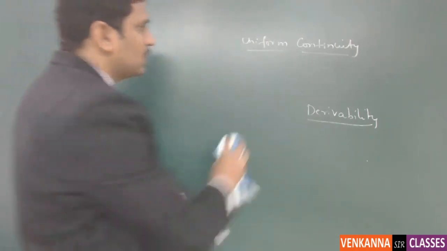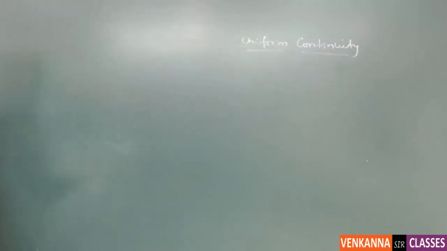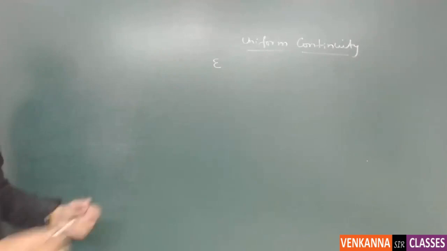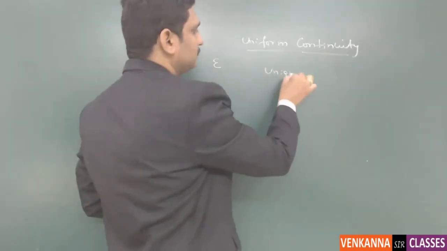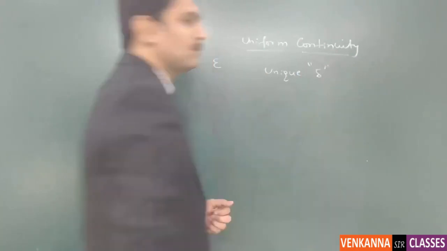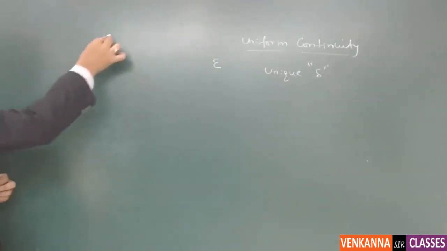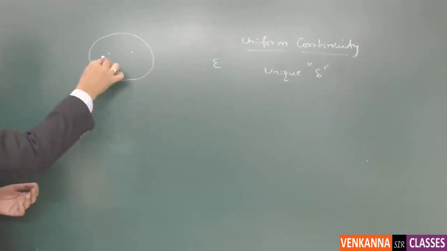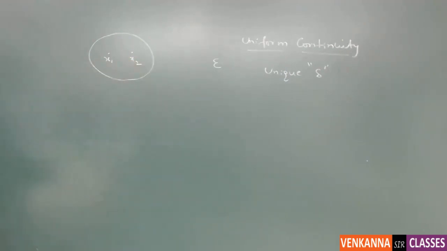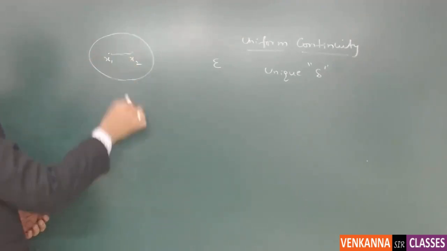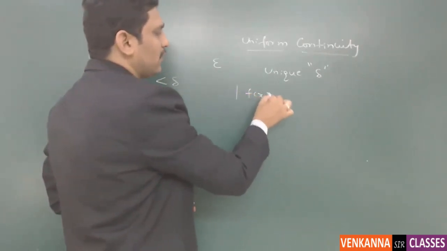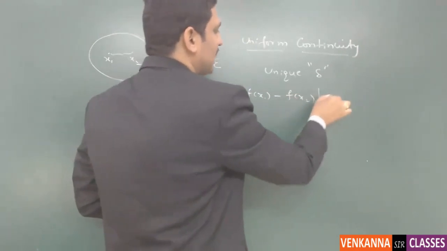So coming to uniform continuity, here our objective is that for a given epsilon, we are going to find a unique delta, so that in the domain of f, whenever you take 2 points, say x1 and x2, such that the difference between them is less than delta, then modulus of f of x1 minus f of x2 will be less than epsilon.